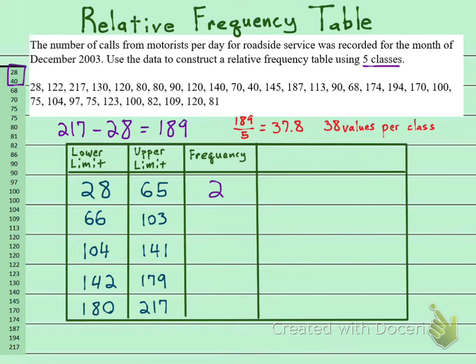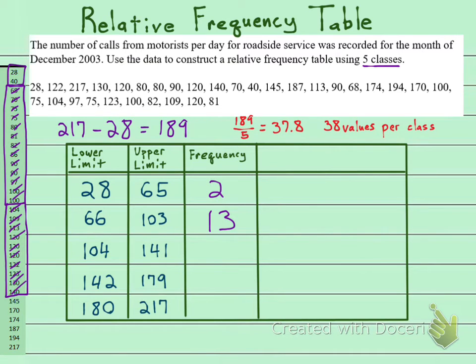66 to 103 is going to include 13. 104 to 141 is going to include 10.